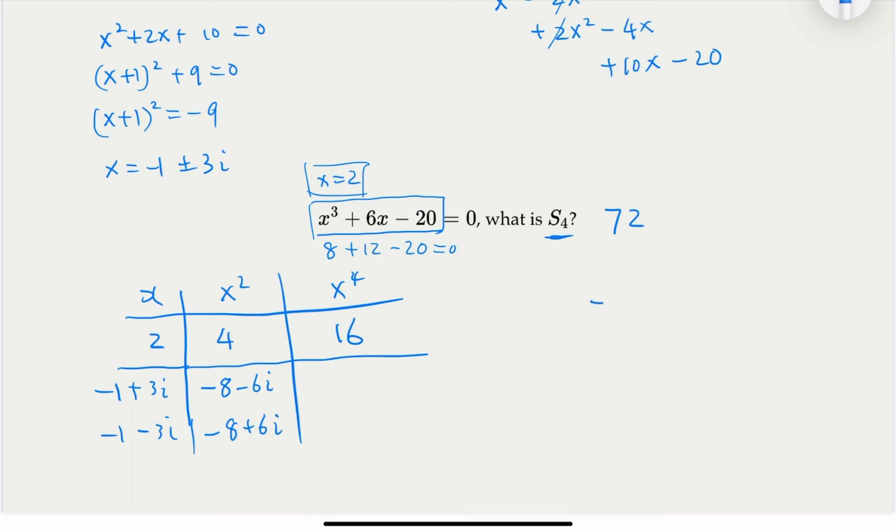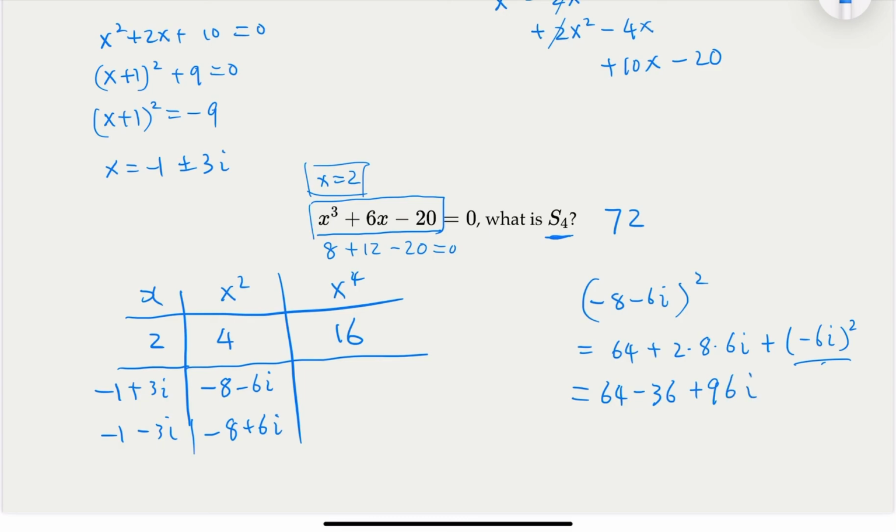If you square it again, that will equal -8 squared, 64, plus 2 times 8 times 6i, and plus negative 6i squared. So that will be 64, this would be negative 36, and this would be 96i. So that is 28 plus 96i, and 28 minus 96i.